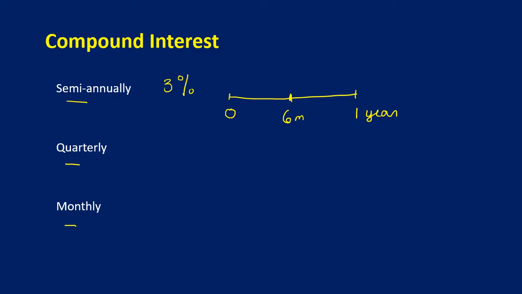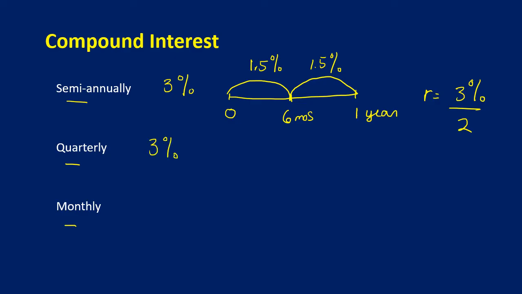So this is 6 months. Now, how many periods do we have? The number of periods here is 2. But what will be the interest per period? The interest per period here, or R, will be equal to 3% divided by 2. So that means every 6 months, the interest is actually 1.5%. Is that clear?